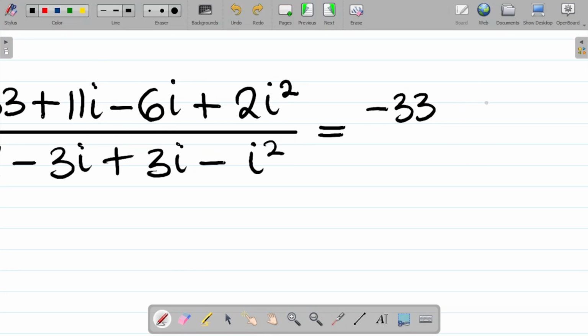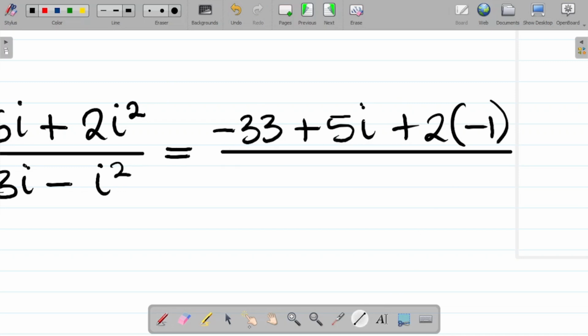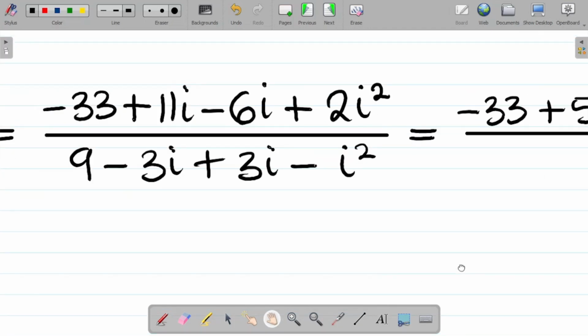So I have this as plus 5i into, next up I have this as plus 2 into, we've said that i squared is simply equal to minus 1. That's minus 1 all over this, all over. The next thing we have there is 9.